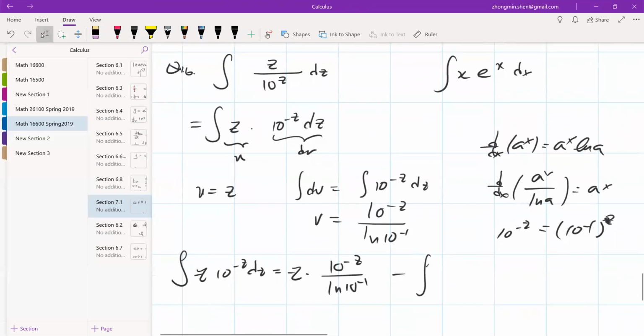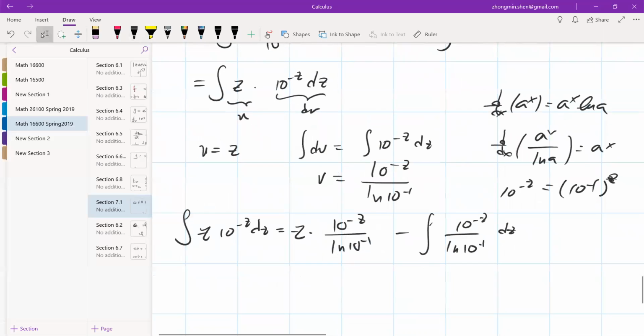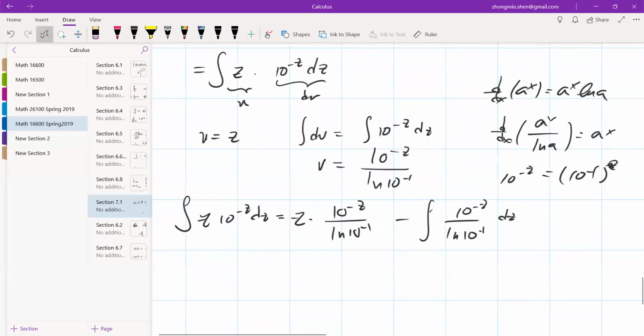U is just z, so du is dz. So there's no z in front of 10 to the negative z. It's similar to the above problem. So the antiderivative, the denominator is going to be natural log of 10 to the negative 1, and 10 to the negative z times z.